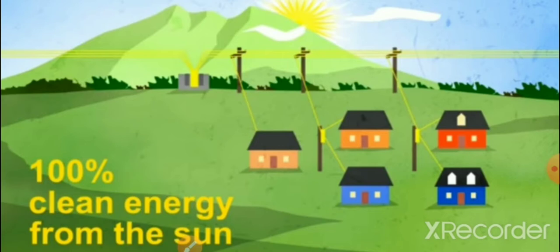As we all know, the sun has infinite power, and it is an infinite source of light energy and heat energy. Now, the sun's energy is used in different aspects of life. One example I am giving you here is how plants absorb sunlight, and chlorophyll is already present in their leaves.